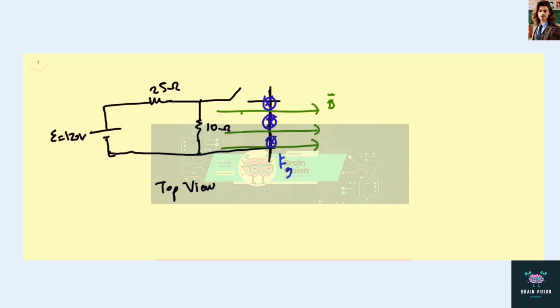Now let's look at what other forces act on this bar when we close the switch. When we close the switch, the battery is going to generate a current flowing through the circuit, and it's going to come to a junction. Since the resistance of the bar is also given as 10 ohms, the current is going to split in half.